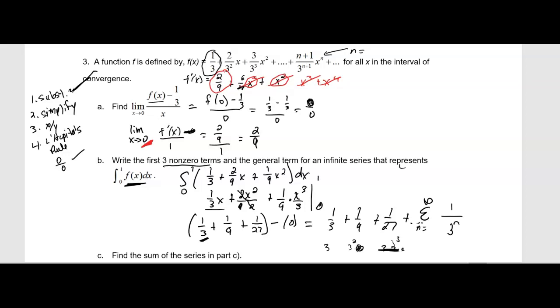The only way that would have gotten us a 1 over a 3 is if n is equal to a 0, because then you would get 0 plus 1 would be a 1, x to the 0 would have been a 1. In your denominator, you get a 3 to the 1, which gives us that denominator of 3 that we were wanting. So the fact that the original one starts at 0, the one that we are basing it off of, that means our new one better start at 0. So since this has to start at 0, because that's where the original one starts at, in order to get a 1/3, a 3 in our denominator, we would have to do this as 3 to the n plus a 1.